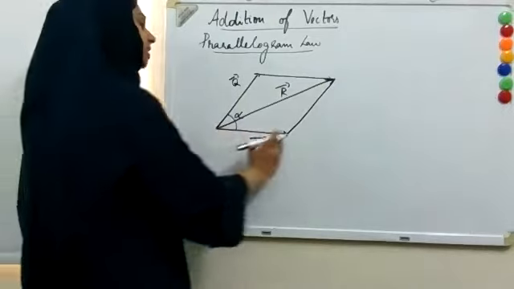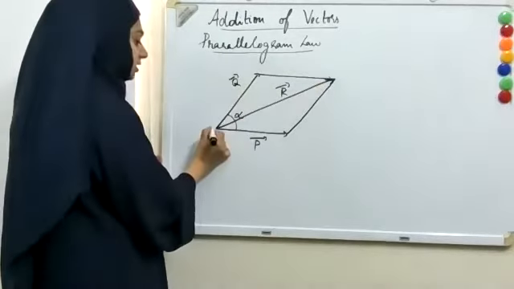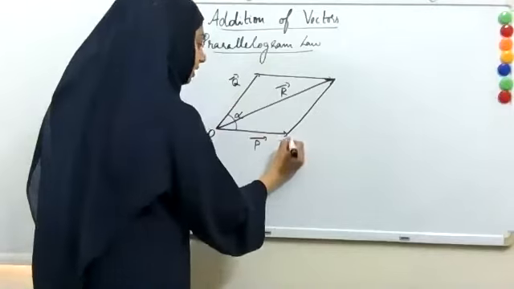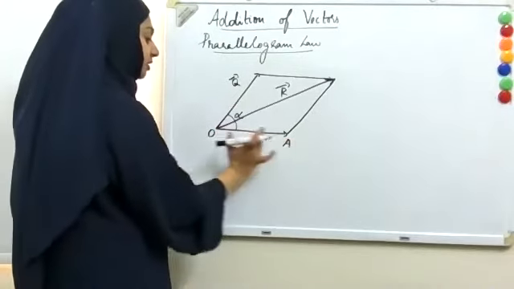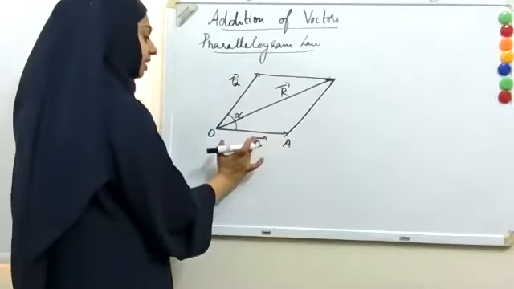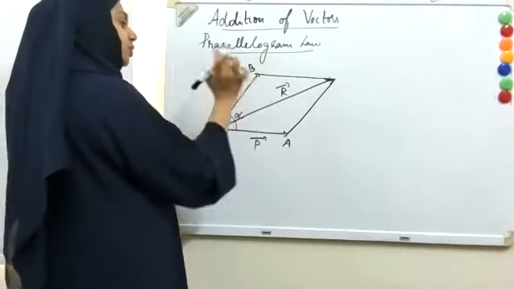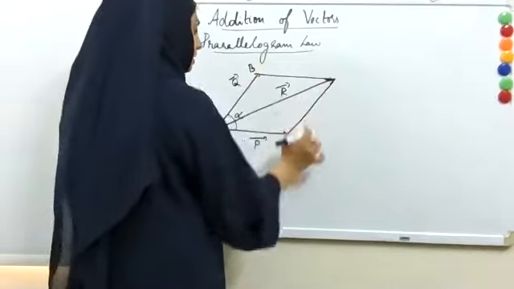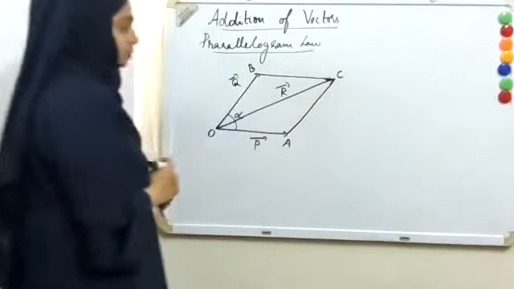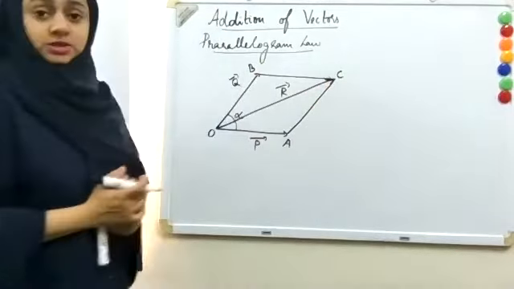Let me name this parallelogram starting from the origin O, A. Let vector OA be represented by vector P and OB by vector Q, and let me mark this point as C.